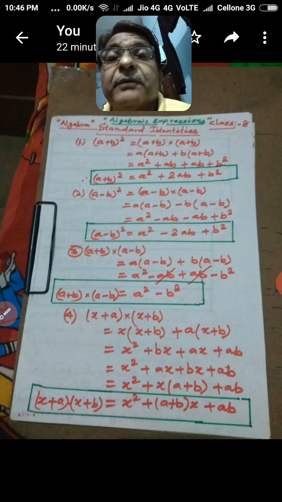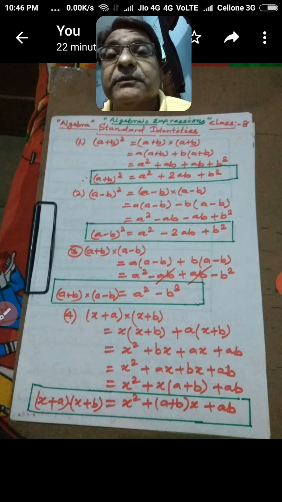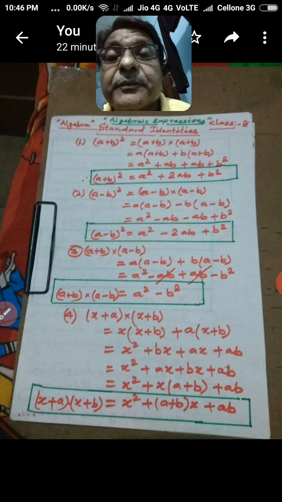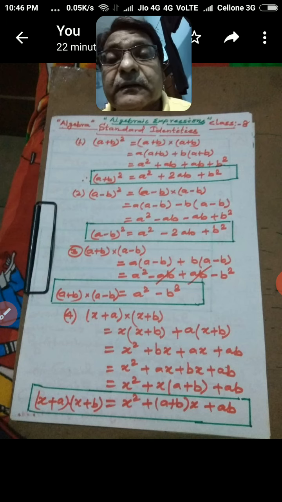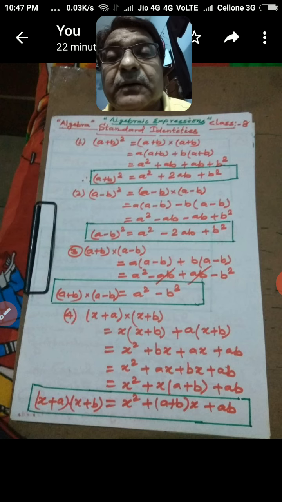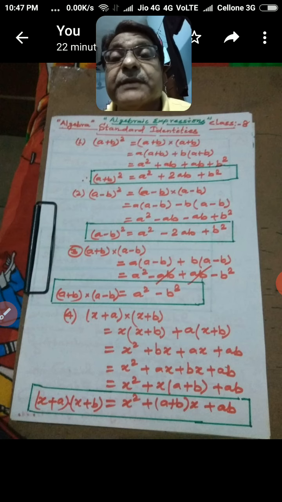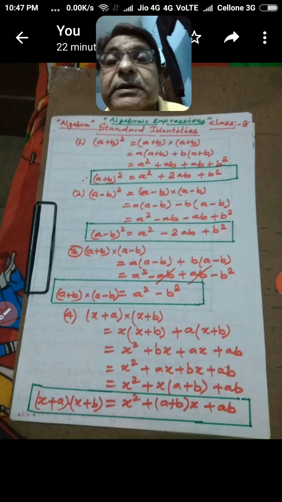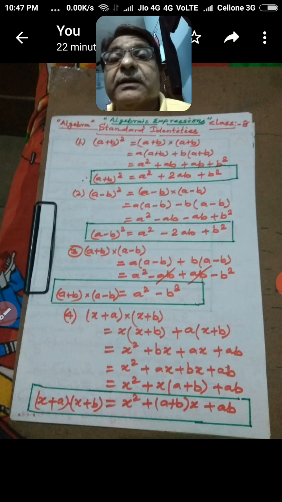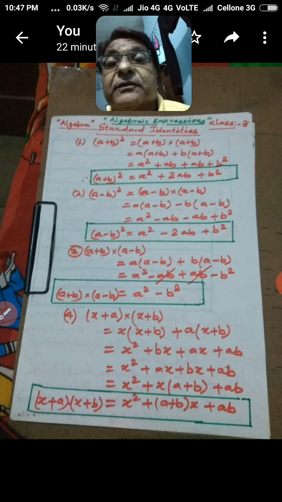Okay, students, and when two or more of these algebraic terms come together with plus or minus sign, then it is known as an algebraic expression. Now under this chapter, coming to our curriculum, the name of the chapter is algebraic expression. It means here we will study about algebraic terms as well as algebraic expressions. What will we study here about these algebraic terms and expressions?